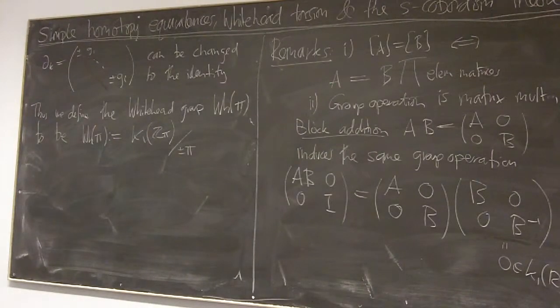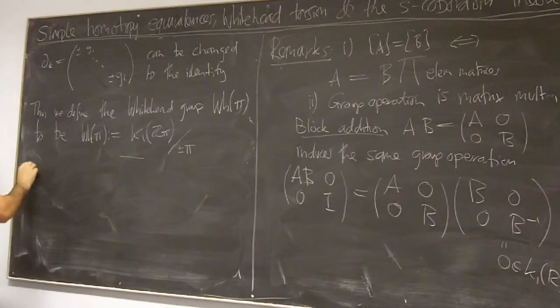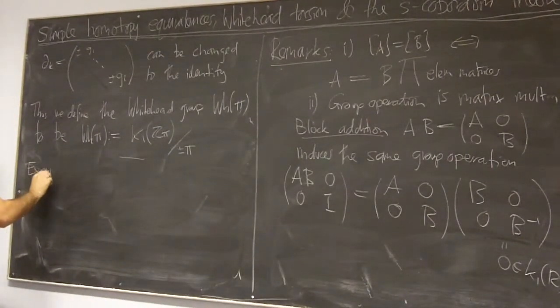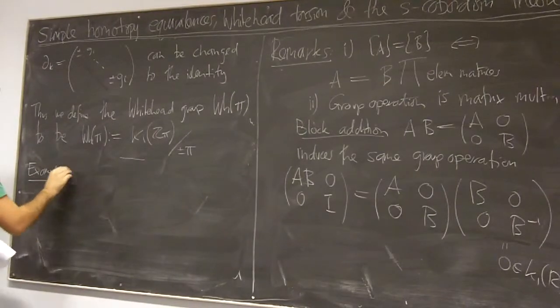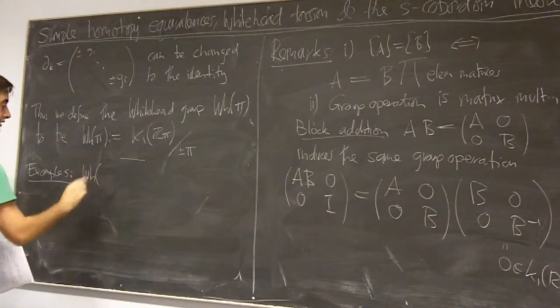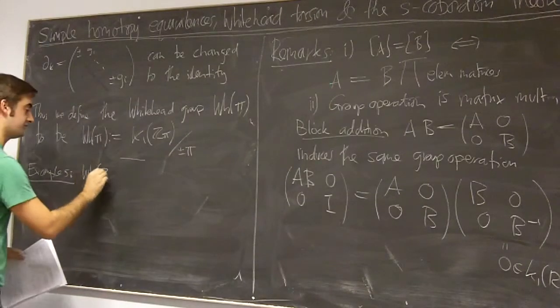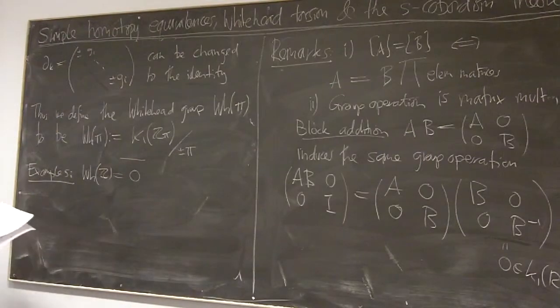Okay, so quickly a couple of examples. We already saw that reduced K1 of the integers was 0, so we get the Whitehead group is also 0.